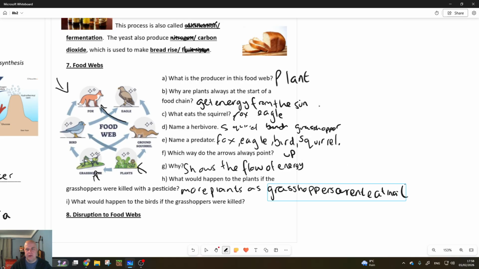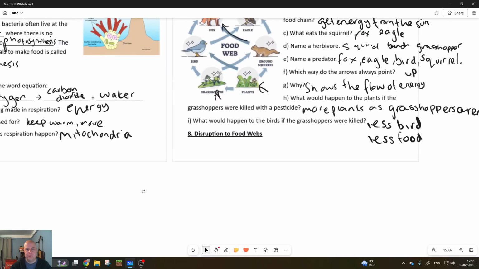Hang on, are eating them. What would happen to the birds if the grasshoppers were killed? We'd get less birds because of less food. They have less to eat, so there'll be less birds available and less breeding.